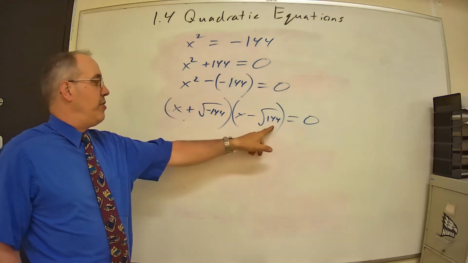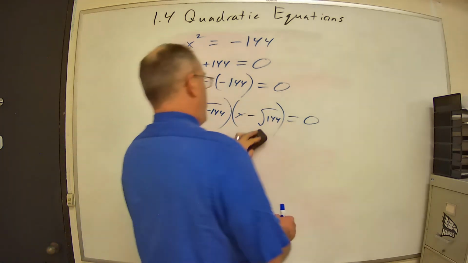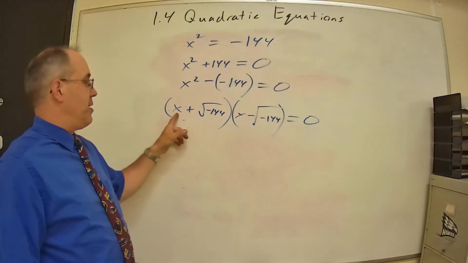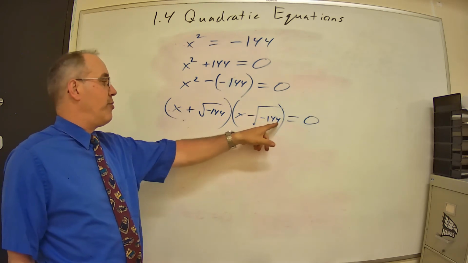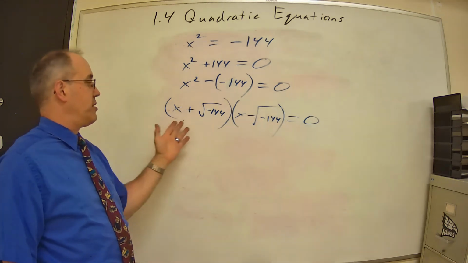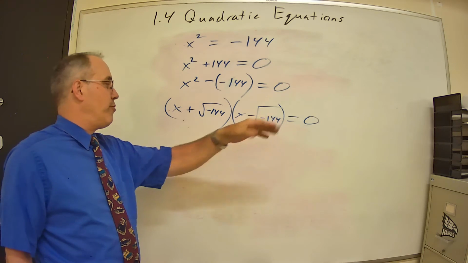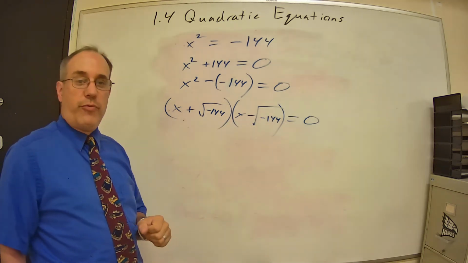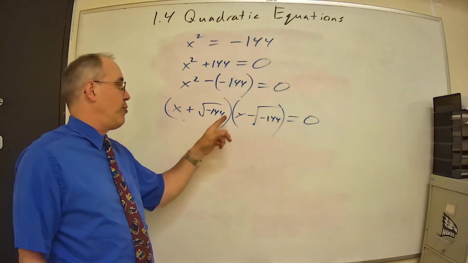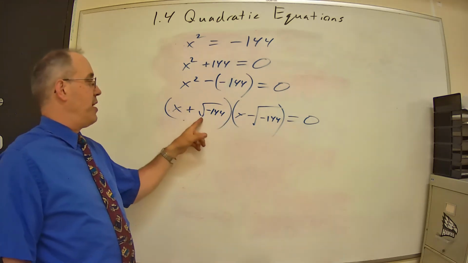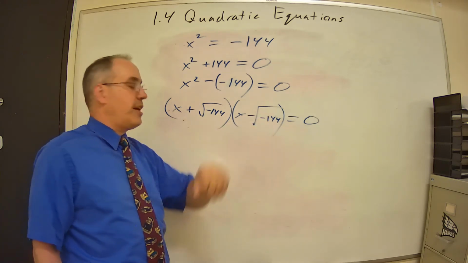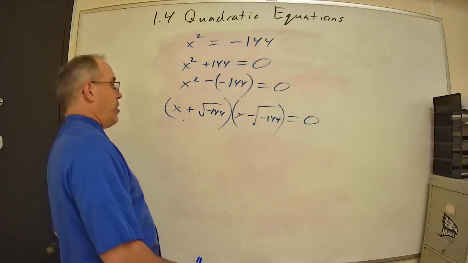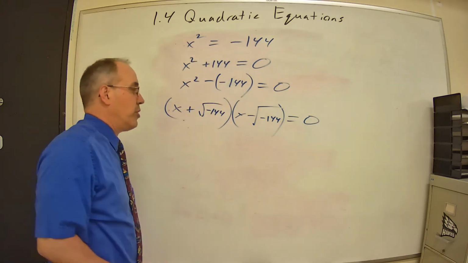X times negative, sorry, gotta put my negative inside here, right? X times negative square root of negative 144 gives us minus square root of negative 144 x. x times positive square root of negative 144 gives us square root of negative 144 x, those cancel out. Then the square root of negative 144 times the square root of negative 144 gives us 144, which means we're good.